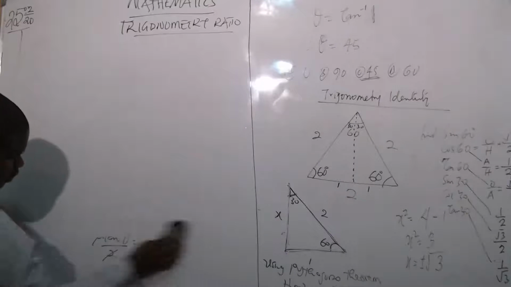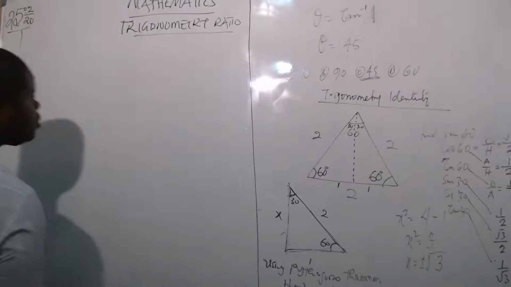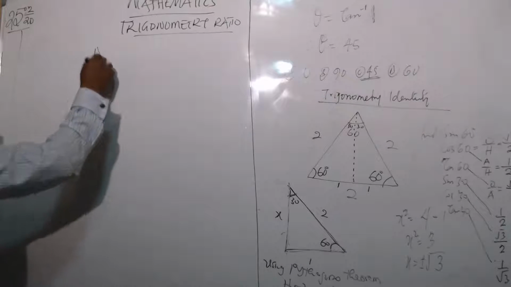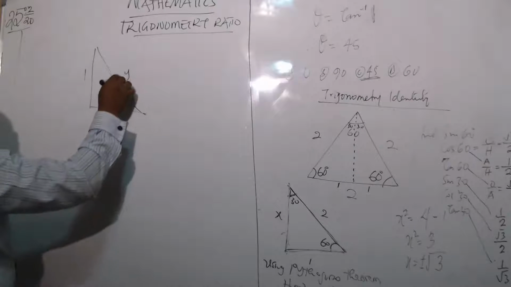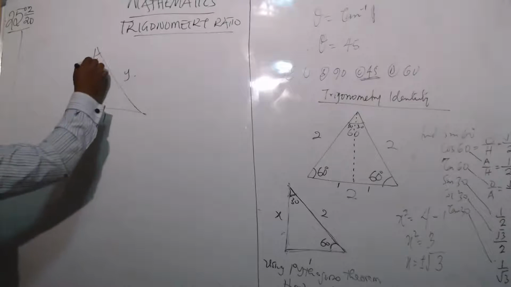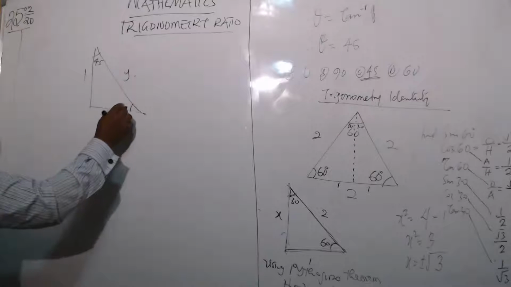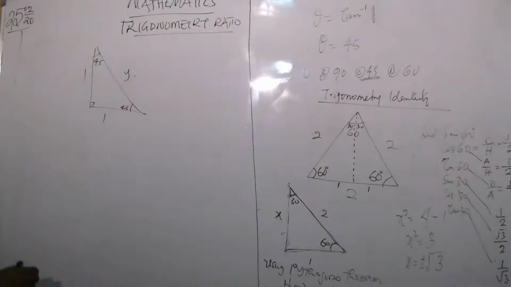We're having something like this now. 1, 1, here is Y. So here is 45, here is 45, and this angle is 90.